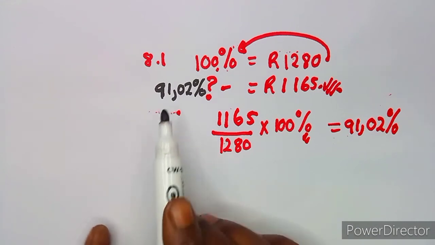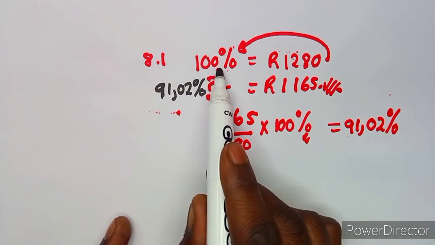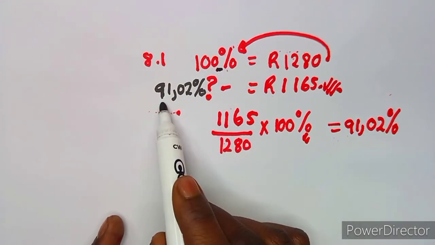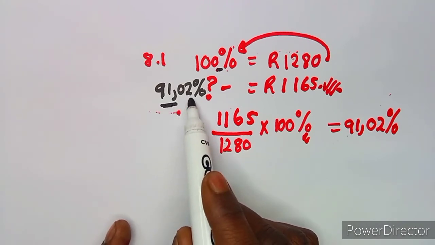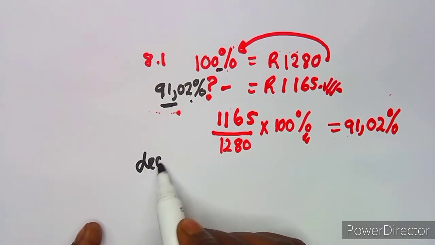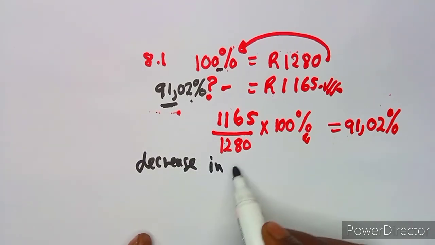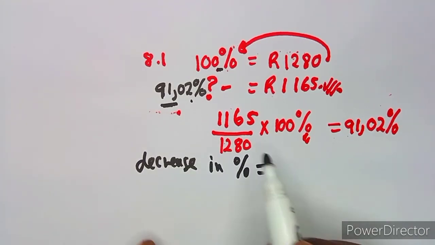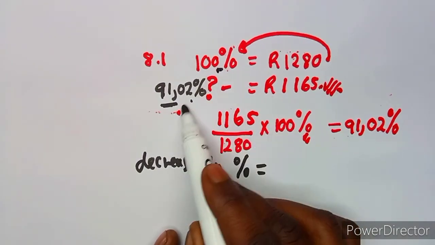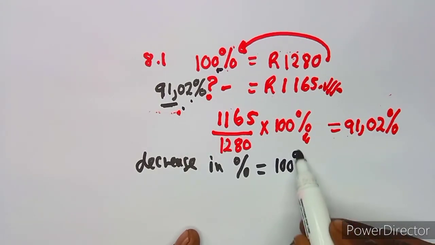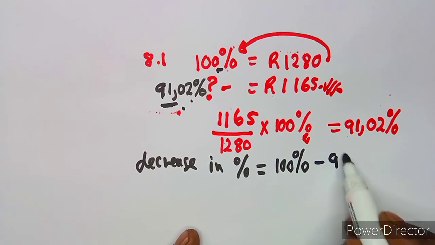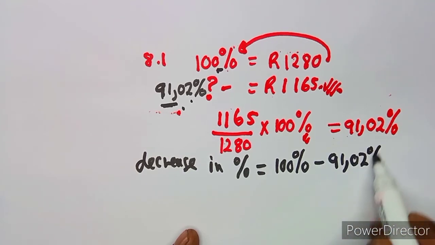So therefore, what is the decrease? As we can see, there's a decrease. We started at 100%. Now we are at 91,02%. So what is the decrease in percentage? The decrease in percentage is going to be the difference between these two, which is 100% minus 91,02%.